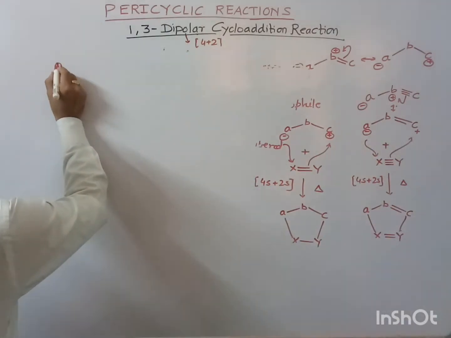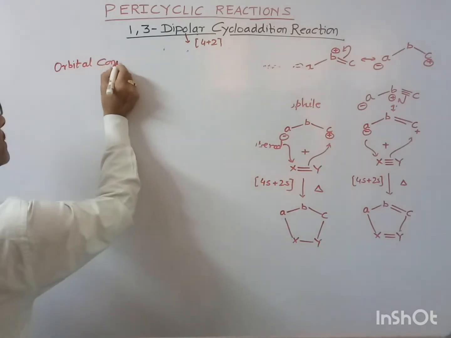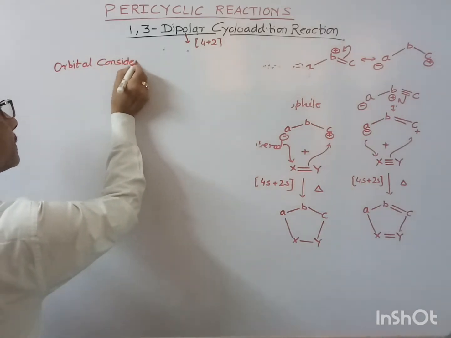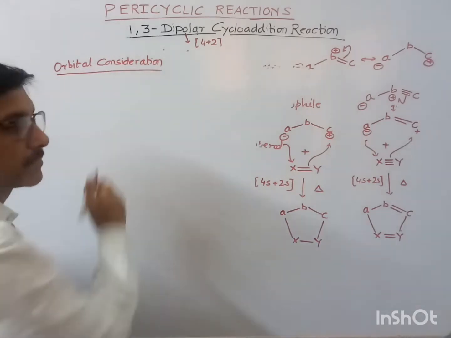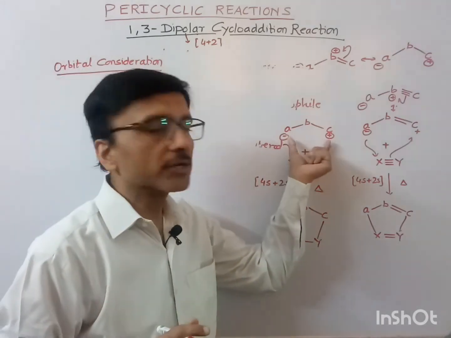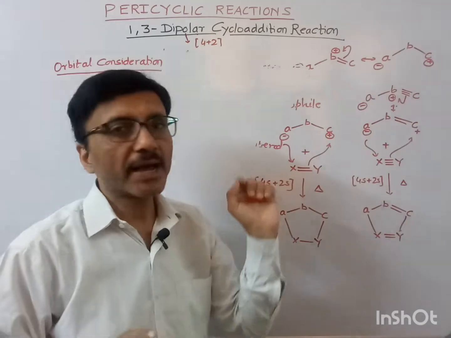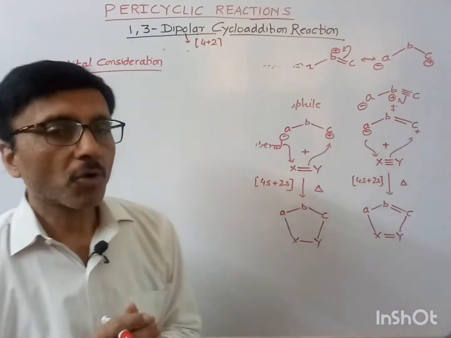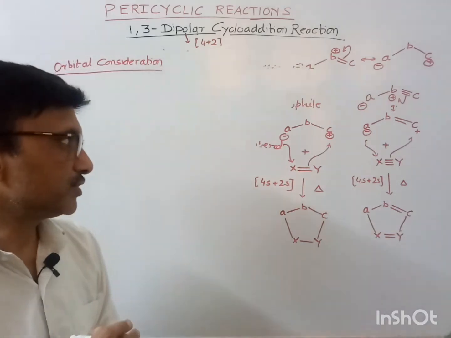This 1,3-dipolar species is a 3-atom species, and I have already told you the molecular orbital diagram for this odd-atom species.